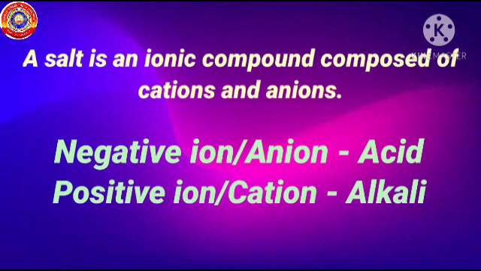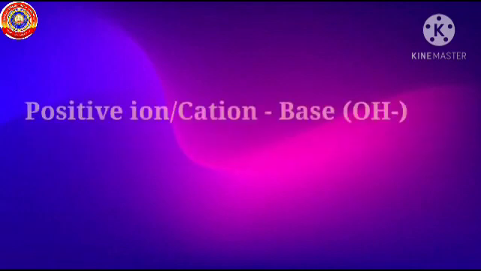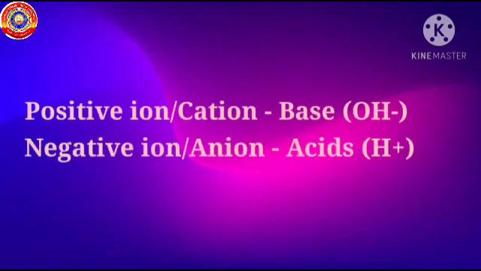You already learned that acids are substances that liberate H+ ions and bases are substances which liberate OH- ions. And also you know that the positive ion in a salt refers to the base, whereas the negative ion refers to the acid.